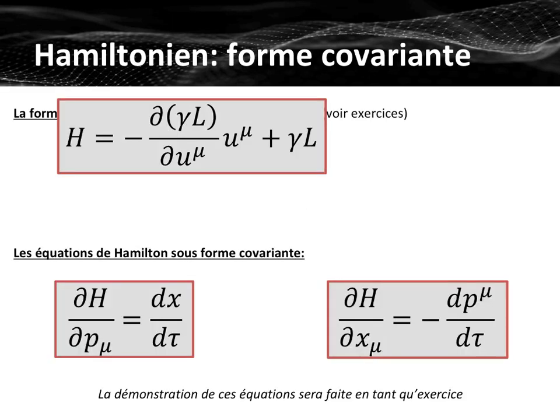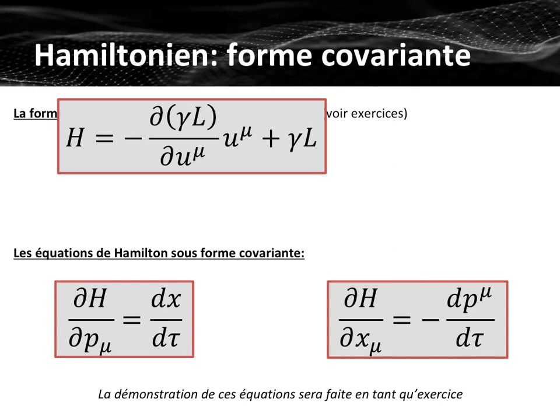Now, as I said before, this is messed up. I will fix it. But the covariant, relativistic form of the Hamiltonian is given by this expression. And I will give you an exercise in the exercise sheet that will help you get into that.